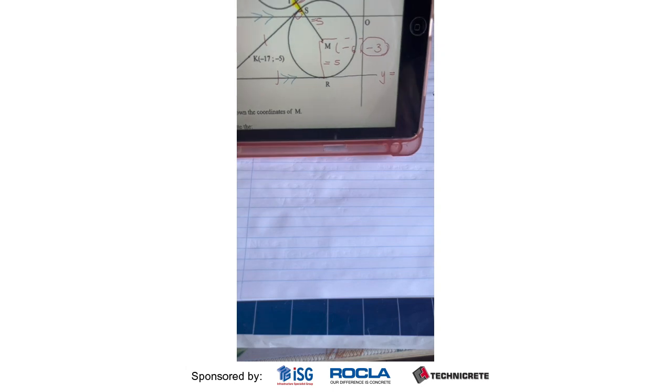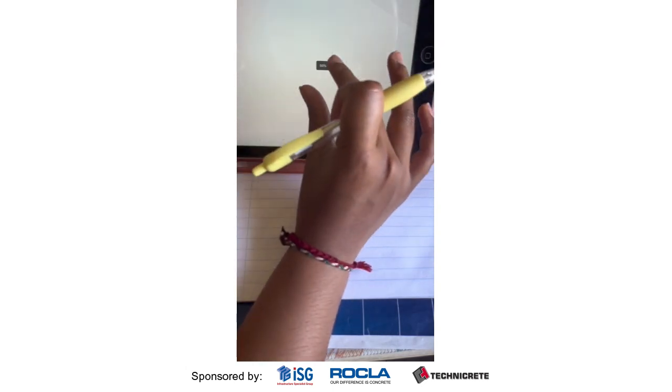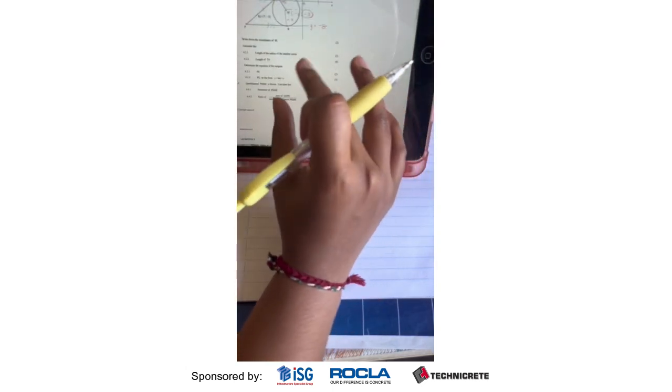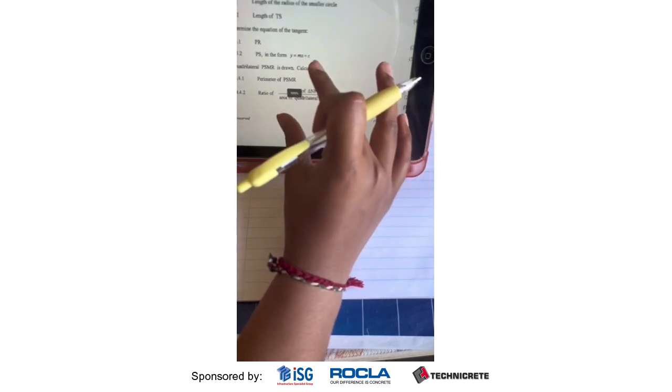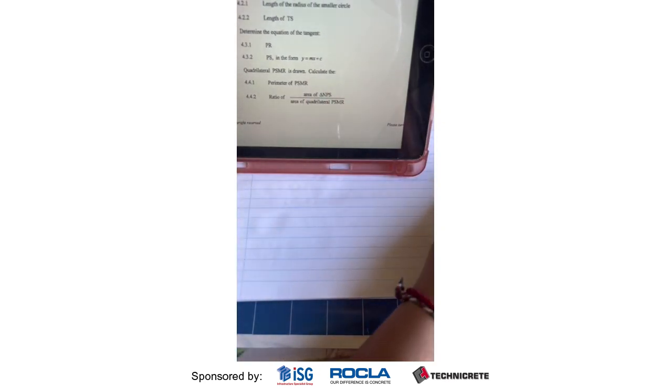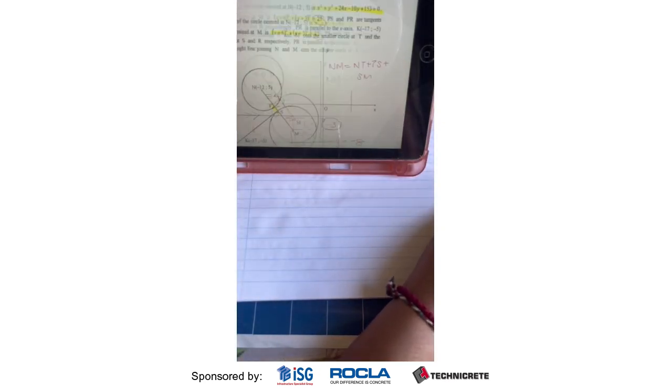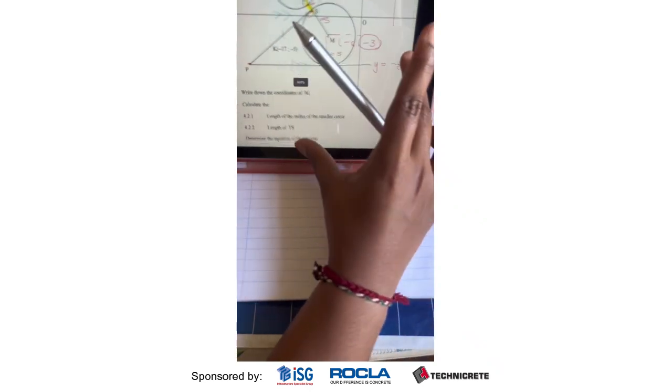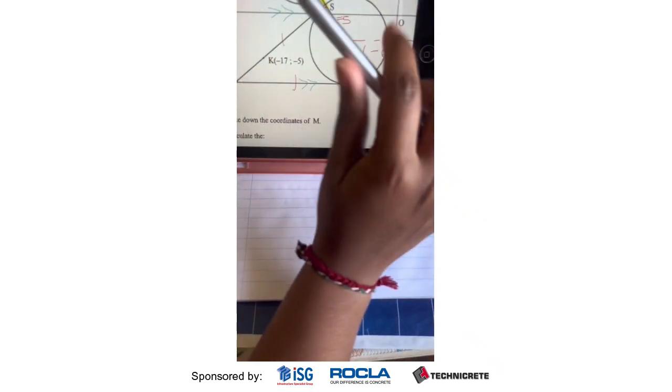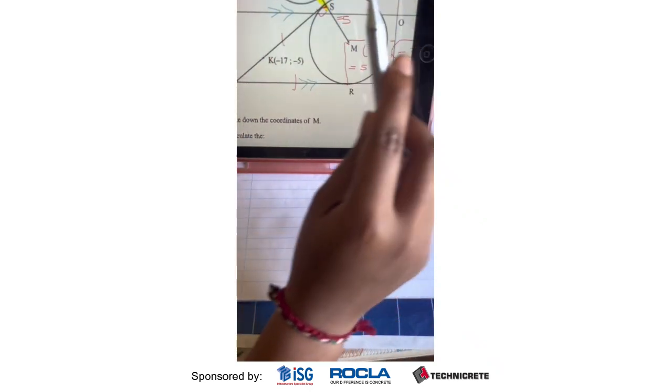Okay, let's look at the next question that we have here. The next question says, quadrilateral PSMR is drawn. Calculate the perimeter. Okay, so let's take a look here. PSMR. So we've already drawn it.